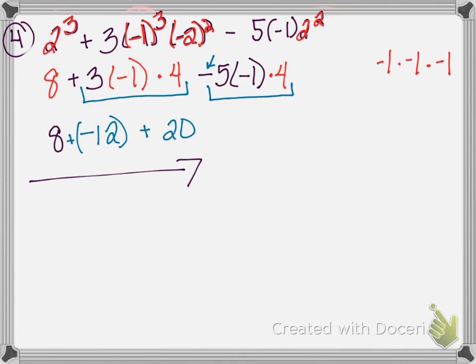We can't change the order at the very beginning because we got all sorts of things going on. If you wanted to add the 8 and the 20 and get 28, that is reasonable because they're both positive. Some students like to do it that way, but you don't have to. So 8 plus negative 12, that's going to be negative 4. And then we've got plus 20, and that's going to be 16.